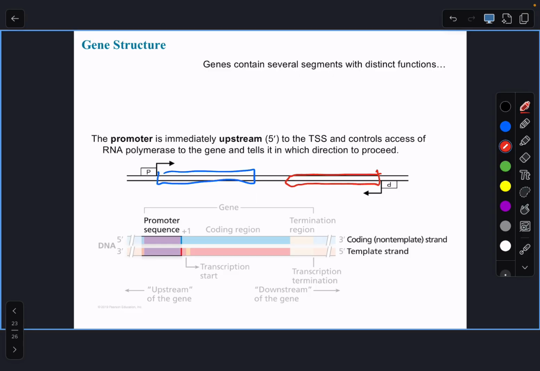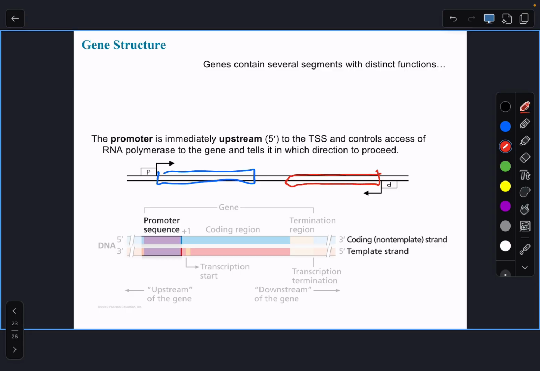Any other questions, anyone? So, quick question for all of you. Does the promoter get transcribed? No, it doesn't. It tells RNA polymerase where to begin, but it kind of sends it in the opposite direction. It says, start here, go off that way. The promoter is upstream of the TSS, meaning that it's just before the first nucleotide being transcribed and all the other ones.